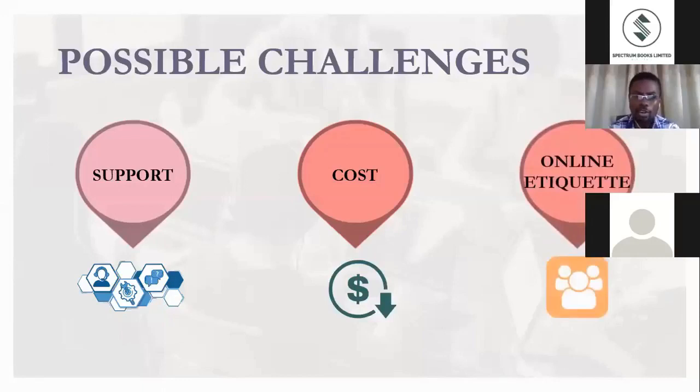Finally, there is online etiquette. You know that before now, in a face-to-face environment, our students have a face. So when you see somebody in the class, as a class teacher, you know his name, you know his age. You may even know where he lives, you know his parents, you know everything about the child. But online, if I look at the participant list of my online students in this class, I don't know you. I don't know the name I can see there.